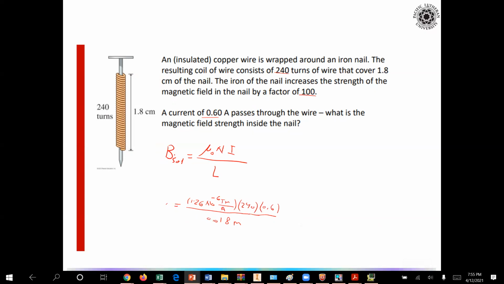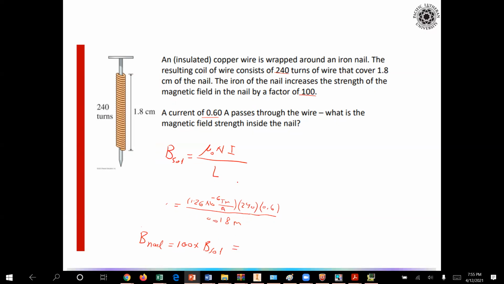Now, since we have the factor of 100, my B nail, the magnetic field inside the nail, will be 100 times B solenoid, what we calculated here.